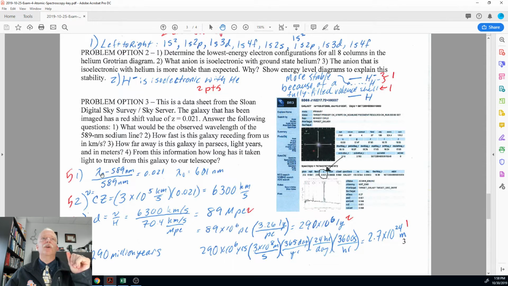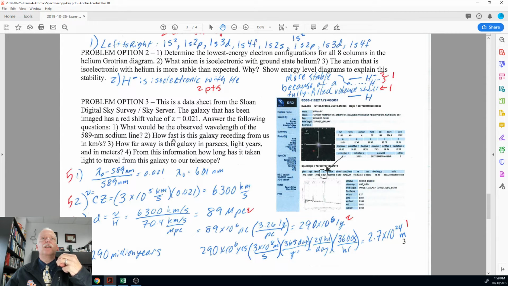So this is the observed wavelength from that star, and this is the wavelength measured on Earth, divided by the wavelength measured on Earth. So this ratio gives us that Z factor. And solving for lambda 0, we get 601 nanometers. So that wavelength would shift quite a bit, from 589 to 601 nanometers for this particular galaxy. A very easy line to see too as far as sodium, because it's a strong emitter.